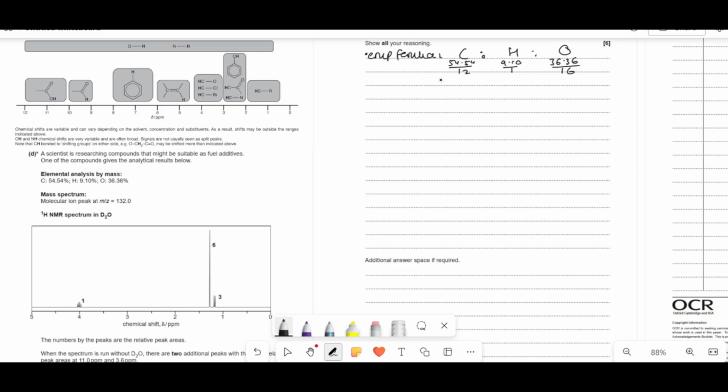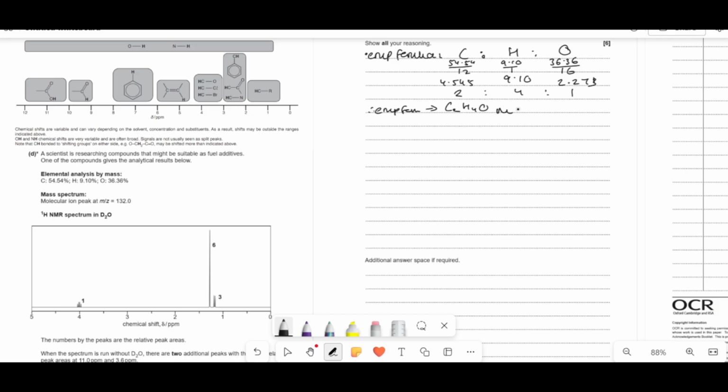If you do that, you get 4.545 to 9.10 to 2.273. If you divide it by the smallest number, which is here, you get a ratio of roughly 2 to 4 to 1. Therefore, the empirical formula is going to be C2H4O. Now, they've told us what the mass spectrum molecular ion peak is here, which is this, right?